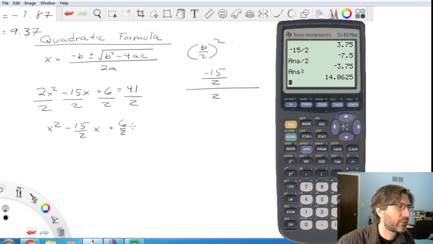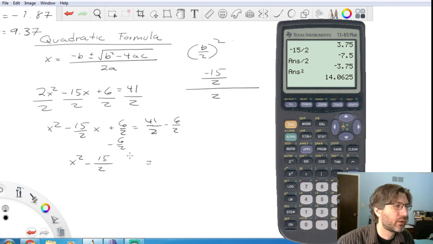I'm going to leave that as 6 halves, 41 over 2, so then I can subtract 6 halves from both sides. And I'm left with x squared minus 15 squared plus whatever my c value is, which is going to be this 14.625 now. Minus 41 minus 6 still gives me the 35 over 2.